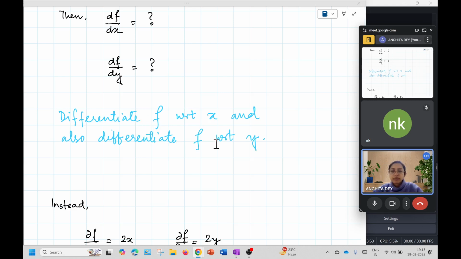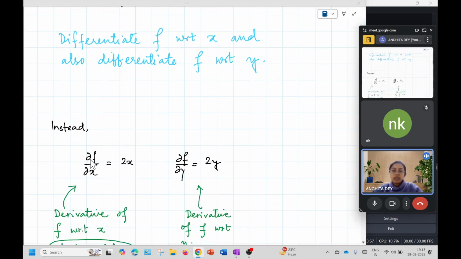And the symbol, instead of d, is this other symbol which we call dou. So we use dou f dou x and dou f dou y.